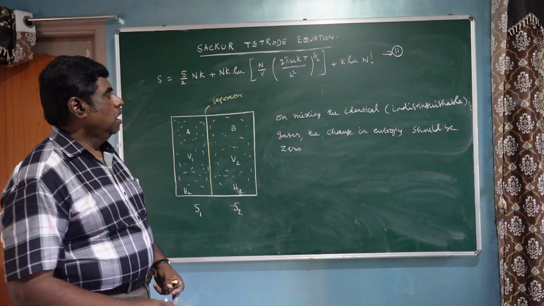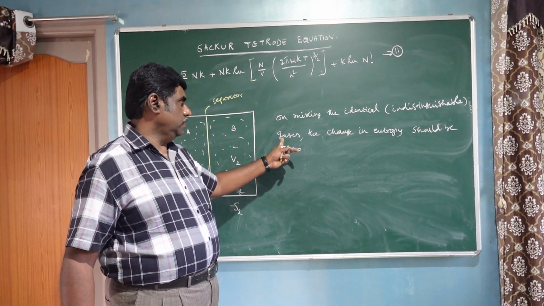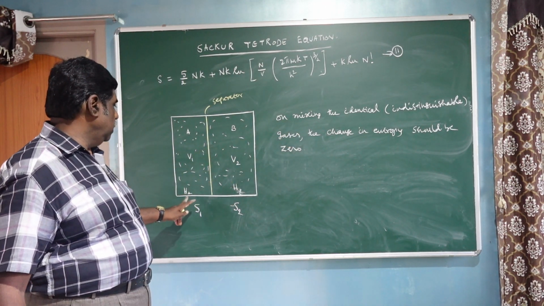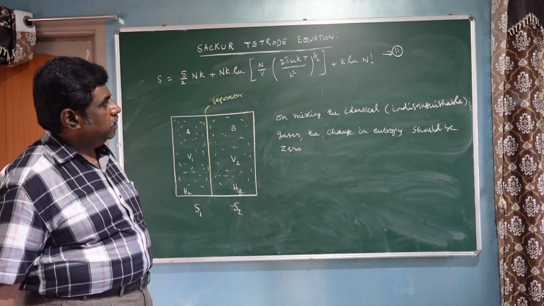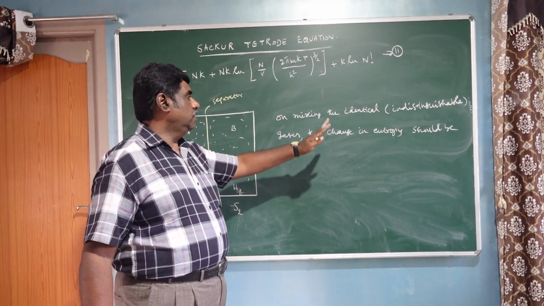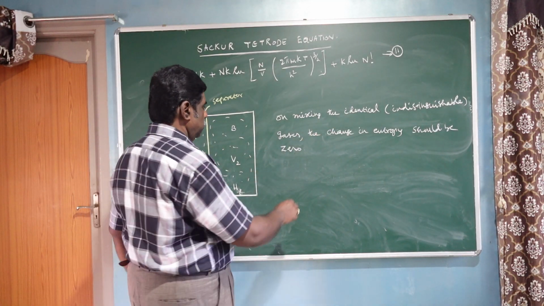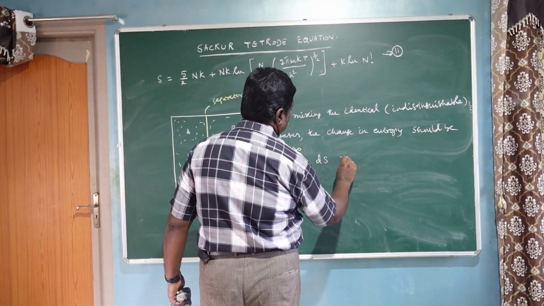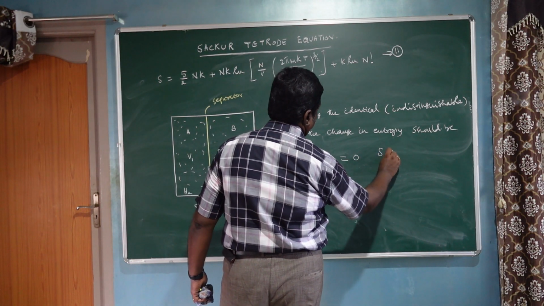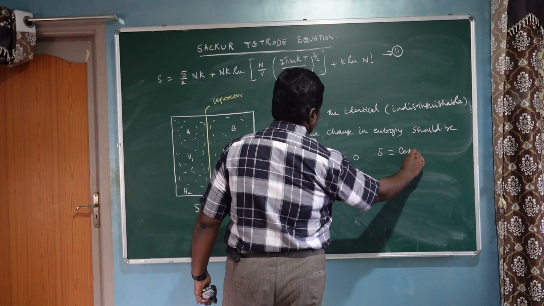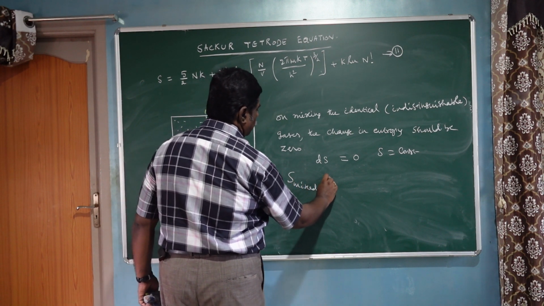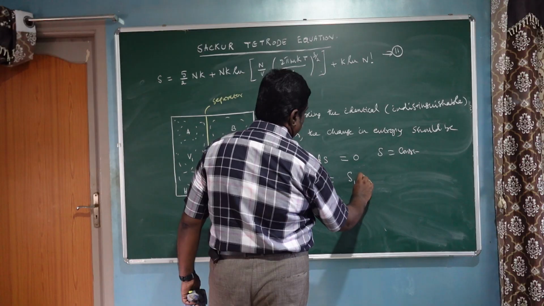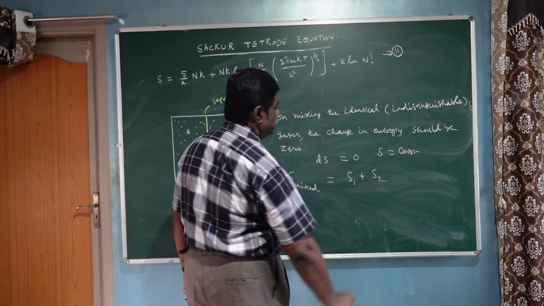See here, on mixing the identical gases, suppose A and B are filled with the same gases, hydrogen and hydrogen or nitrogen and nitrogen. On mixing the identical gases, the change in entropy should be 0, which means that dS equal to 0, then S equal to constant, which means that S mixed, entropy of the mixed state should equal the sum of the entropies before mixing.